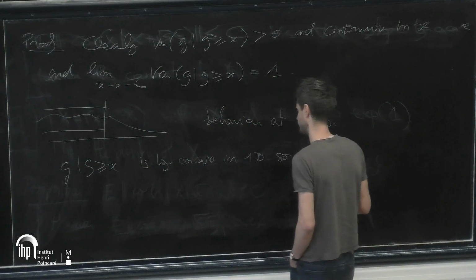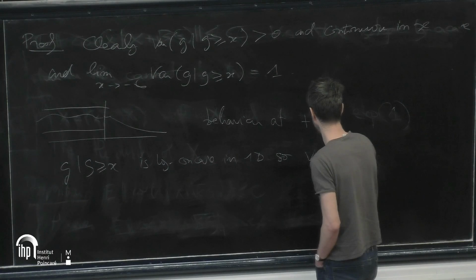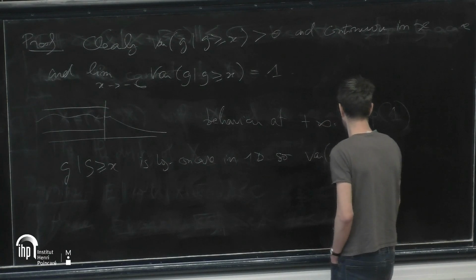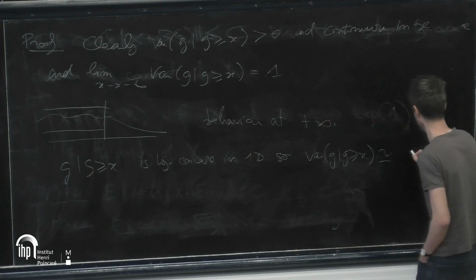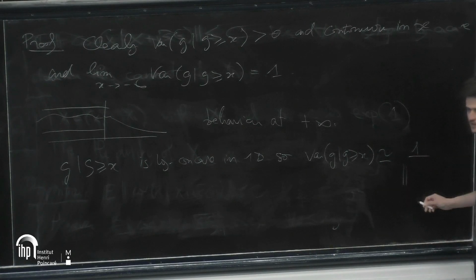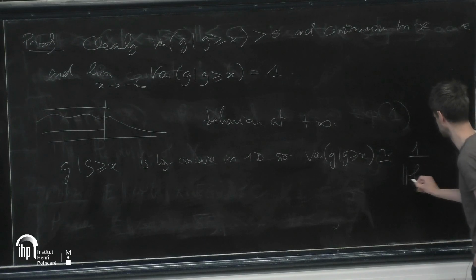So the variance is more or less 1 over the L infinity norm of the density squared.